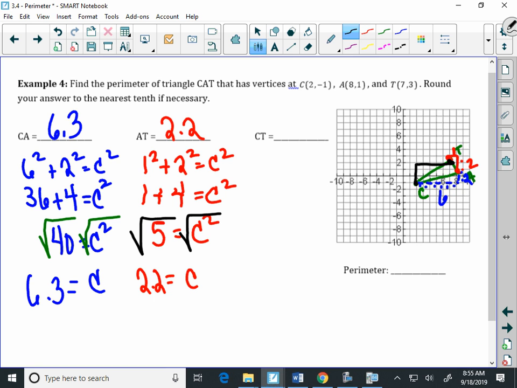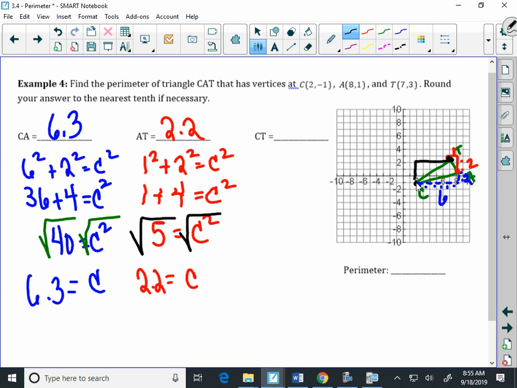And what I see as I look at my paper as well, this point is at (7, 3).